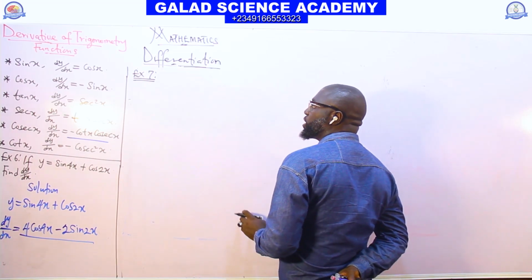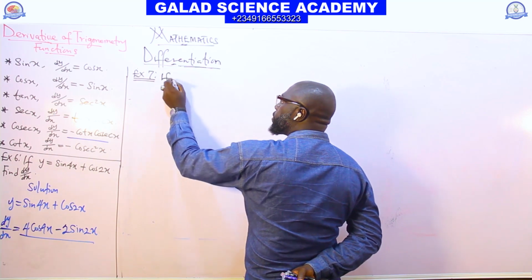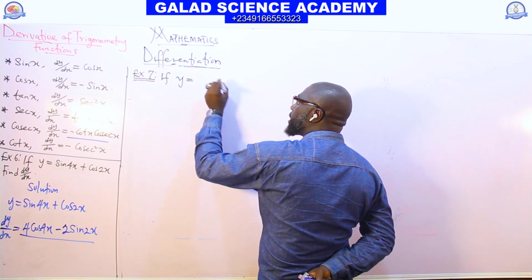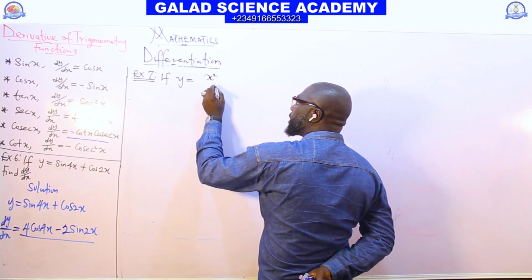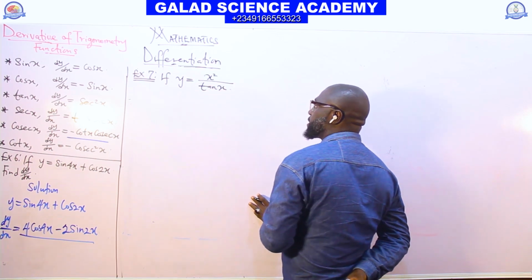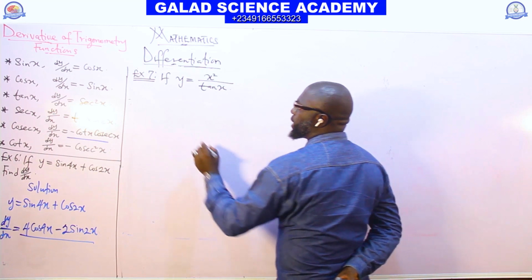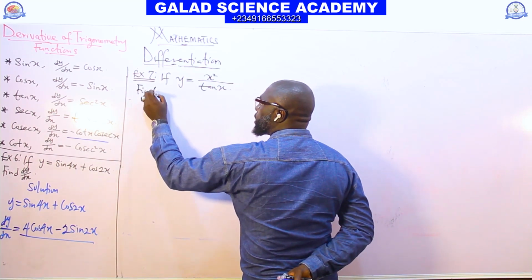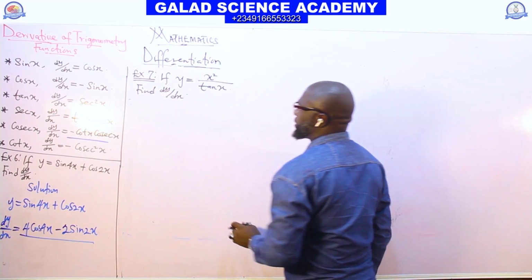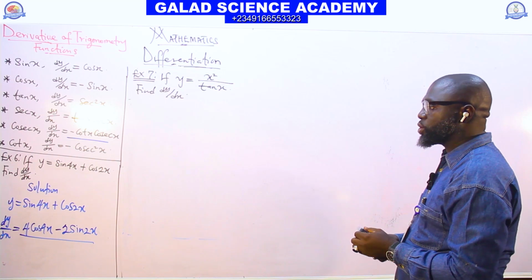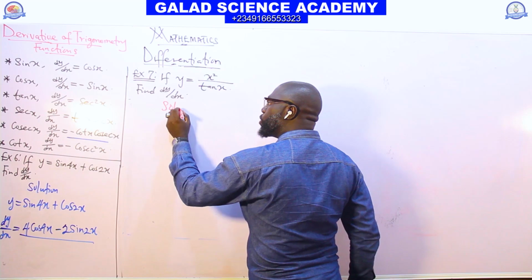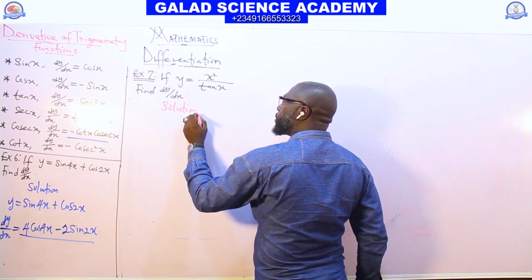Have a question in this form: if y equals x squared over tan x, you are now asked to find dy/dx. For this question, how are we going to solve it?